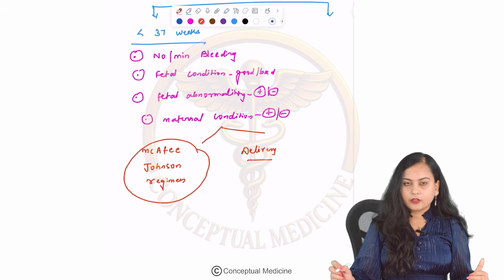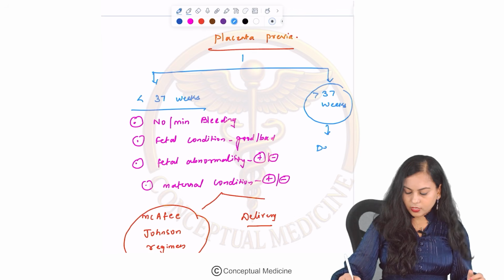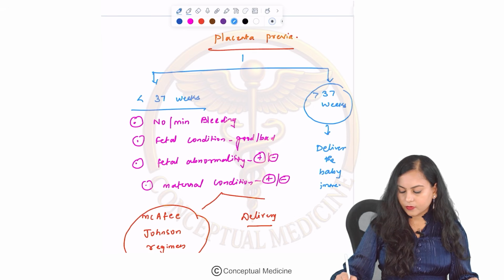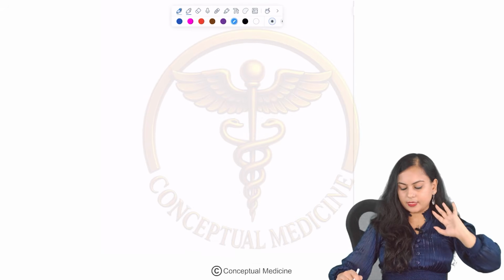And if it is more than 37 weeks, we can't wait, we have to deliver the baby immediately. So this is about the management of placenta previa.